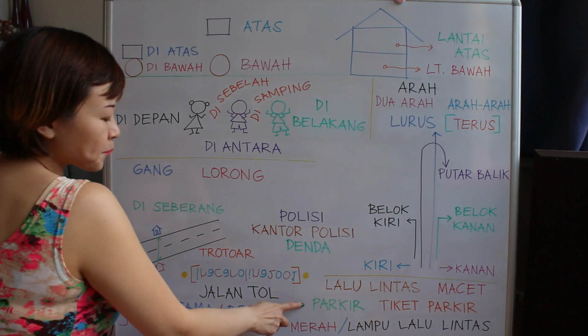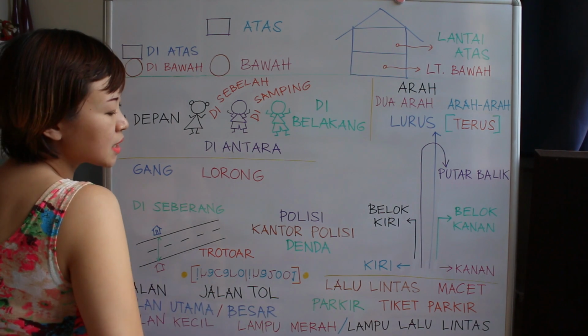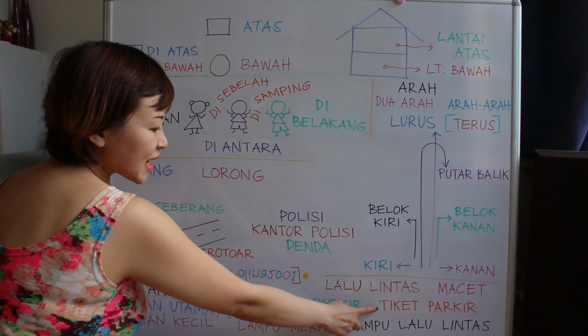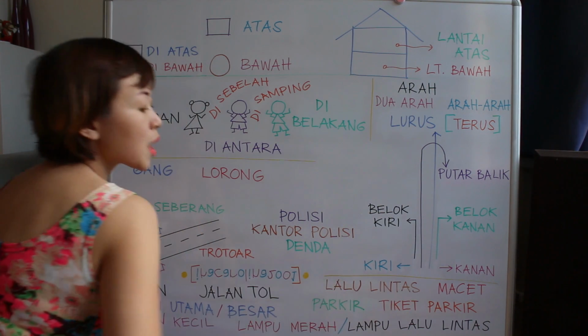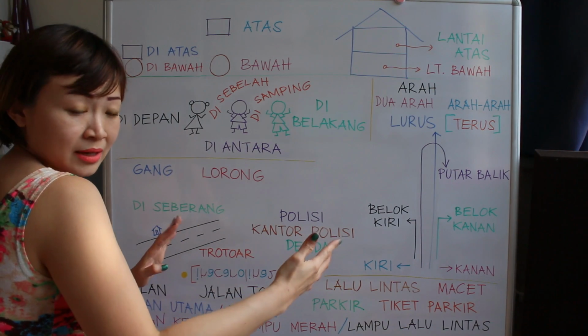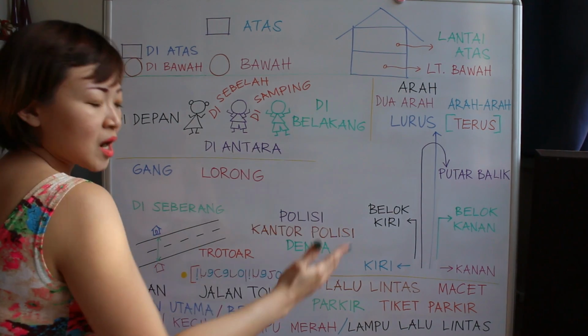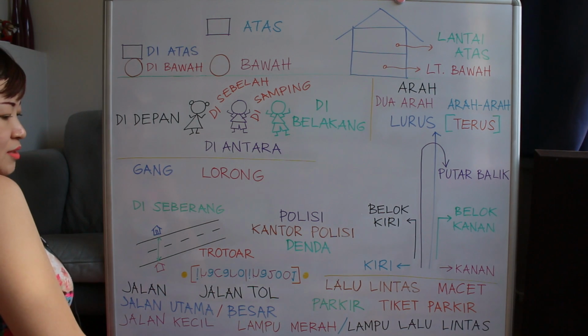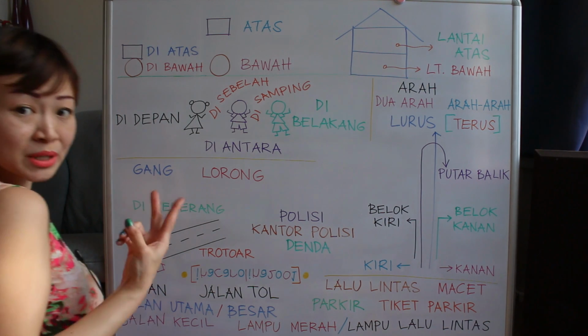Parking, parkir. Parking ticket, ticket, and then space, parkir. So the ticket first, and then the parking. Tiket parkir. Traffic light can be two.